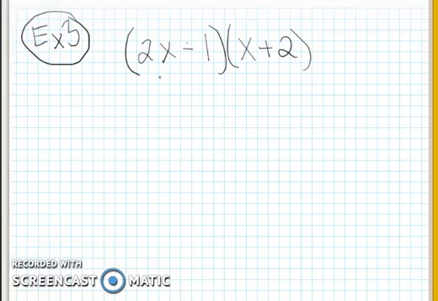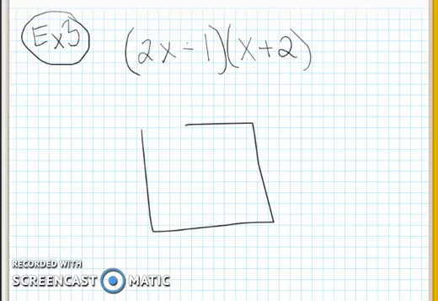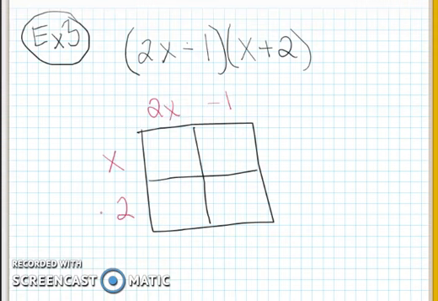Alright, here we go. Ooh, we have a number in the front now. Not a big deal, we can handle this. Start with our box. Go ahead and write it out. We get 2x minus 1 and x and positive 2. We'll go ahead and fill that in. 2 times x, or 2x times x.